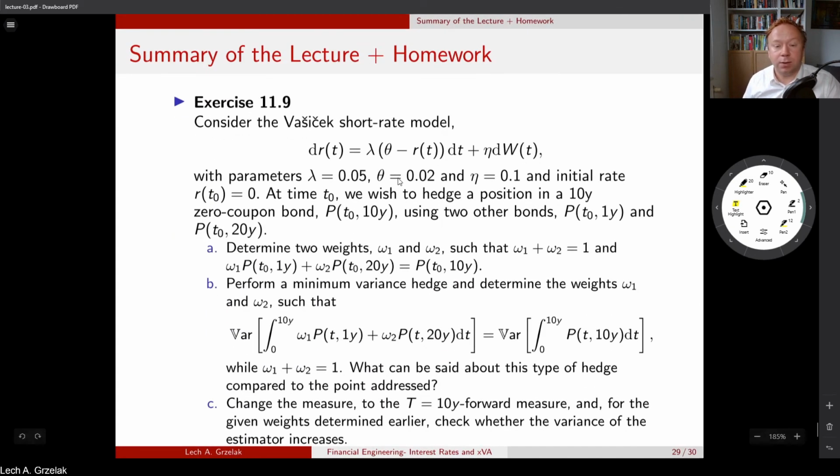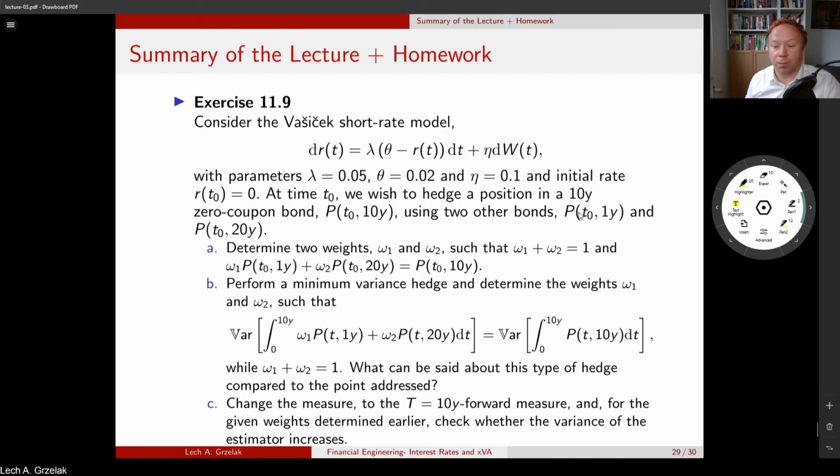In the second exercise, this is something about hedging. We have, again, the Vasicek model. I made it very simple so that you don't need to care about the yield curve. So we have a constant parameter theta, and we have some model parameters. What we are considering is hedging of a bond.